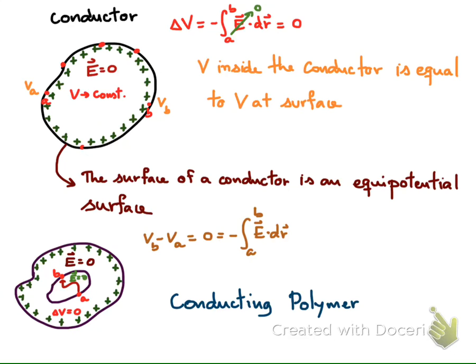I mean, the charge can move freely on this conducting polymer, which looks like a silver plastic bag, and they always use it as a package for electronic devices. That is because it can shield the outside electric field that may damage the electronic device.